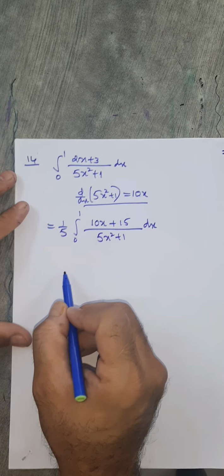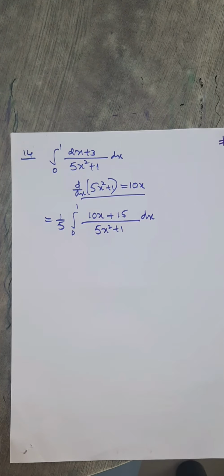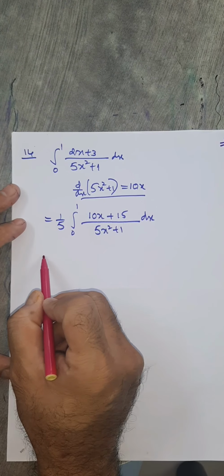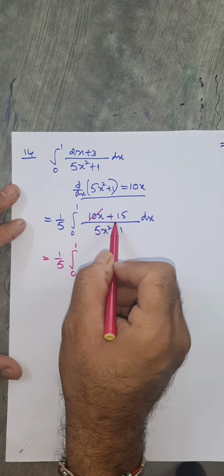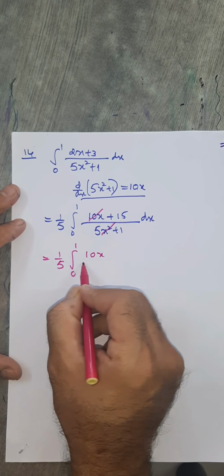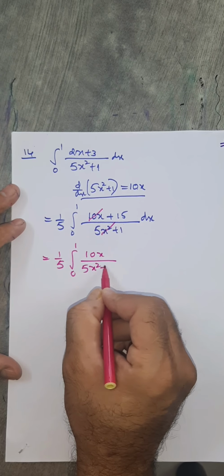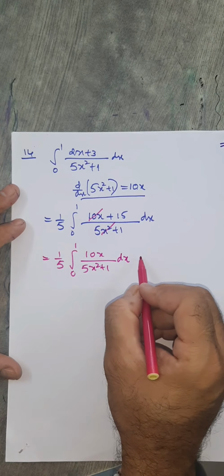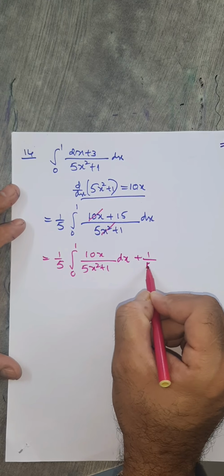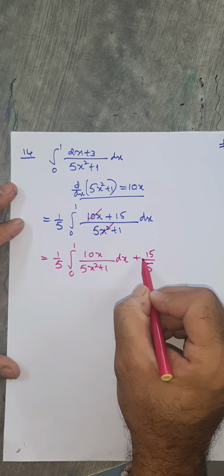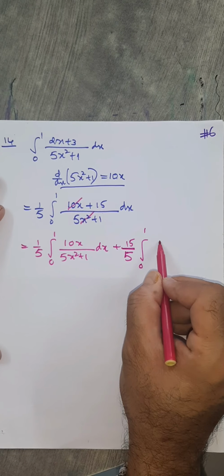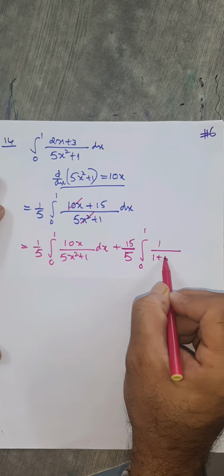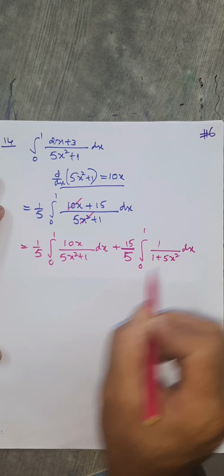Now what do we do? We split into two integrals. If you remember the linear upon quadratic forms, we are just repeating that. Remember 1 upon 5, we split into two integrals from 0 to 1: 10x upon 5x square plus 1, and here the 15 you can take outside, so 15 by 5, integral 0 to 1 of 1 upon 1 plus 5x square dx.